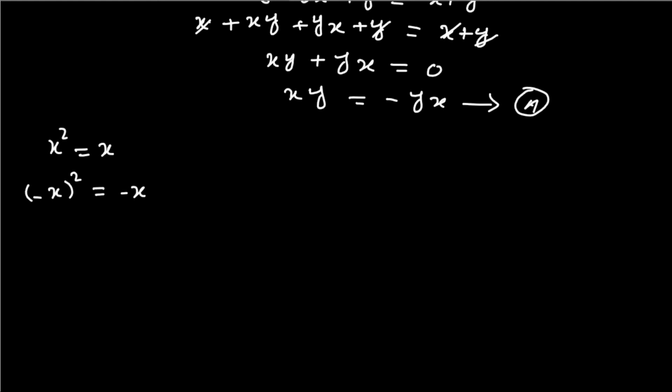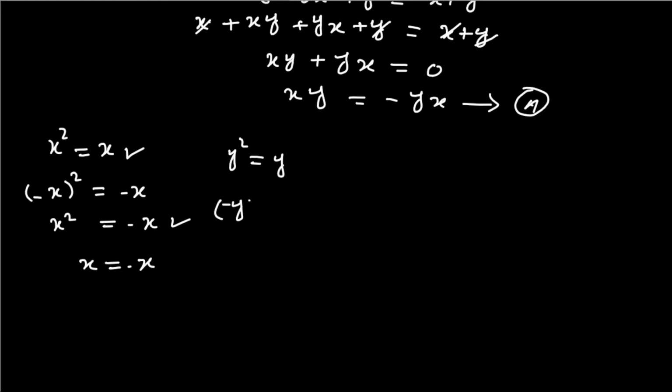So it means that x square is equal to minus x, and from these two results, x is equal to minus x. Similarly we can prove that y is equal to minus y.